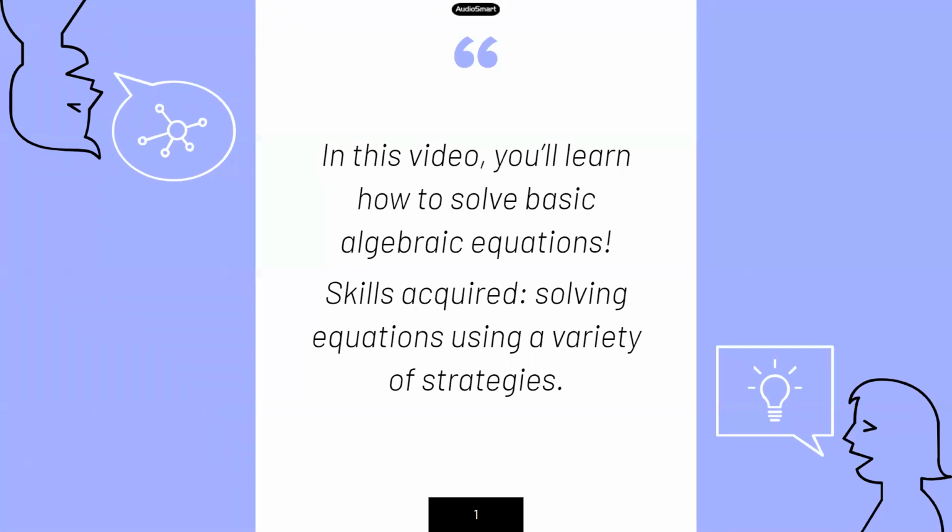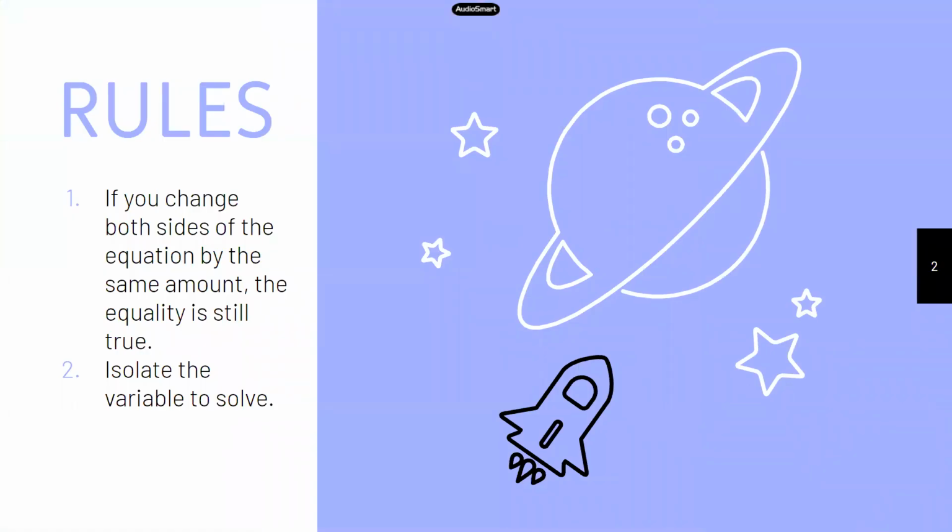So let's get started. But before we do, we need to keep two rules in mind when we solve equations. Rule number one is that if you change both sides of the equation by the same amount, the equality is still true. And rule number two is that you need to isolate the variable to solve.